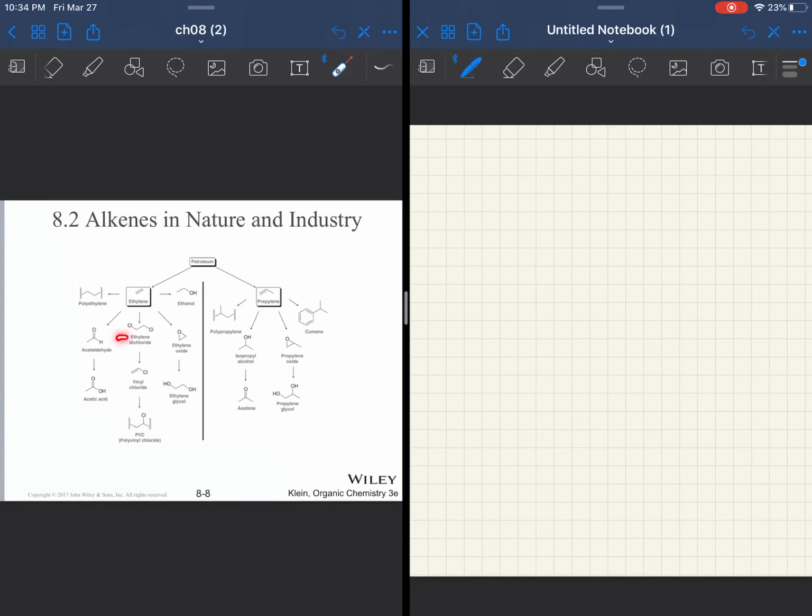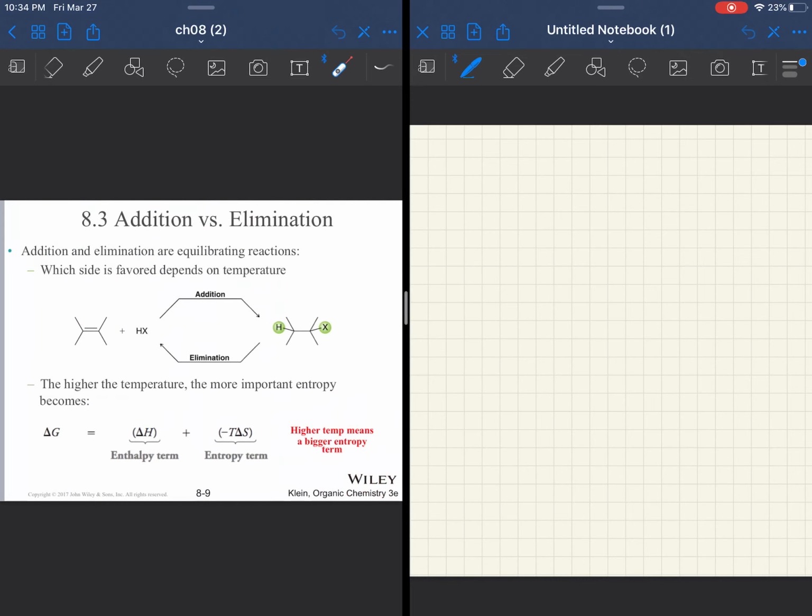We're going to see, right, we already went through a couple, halides, alcohols. You can also look at epoxides, different carbonyl-containing groups. Often in industry, you're making polymers.